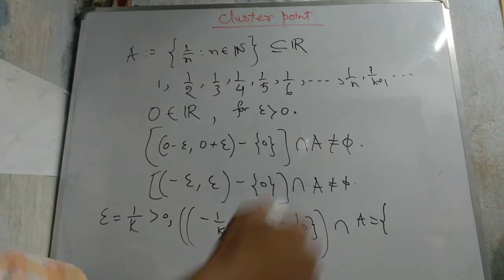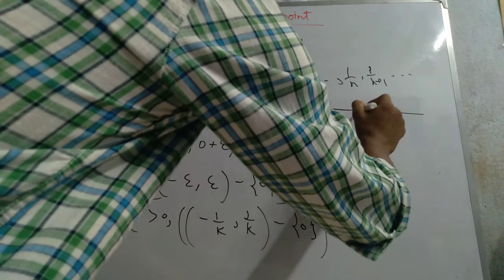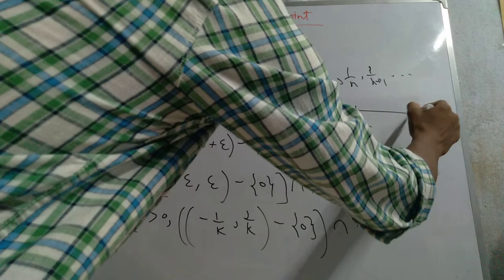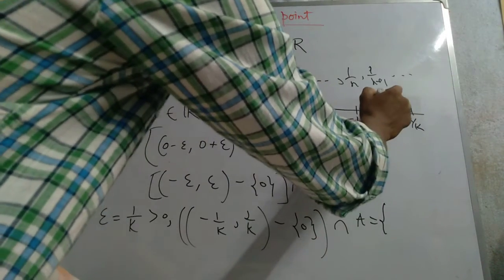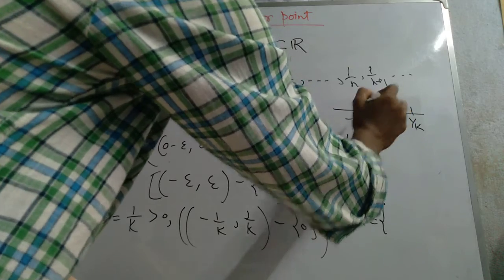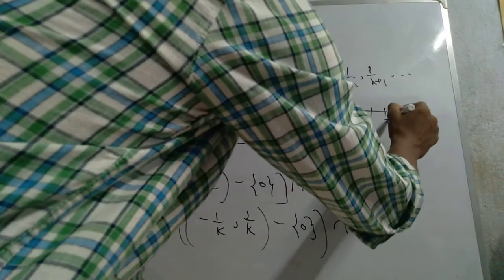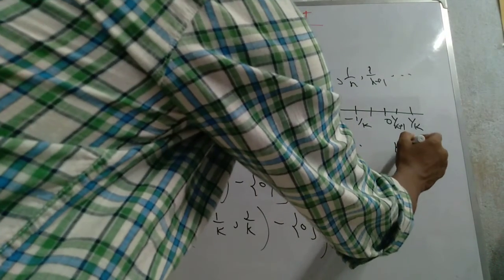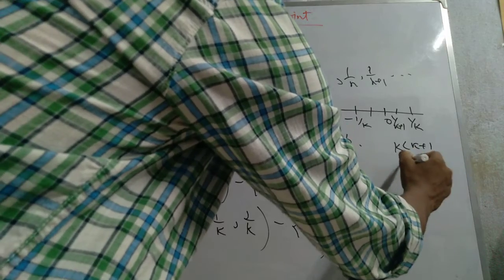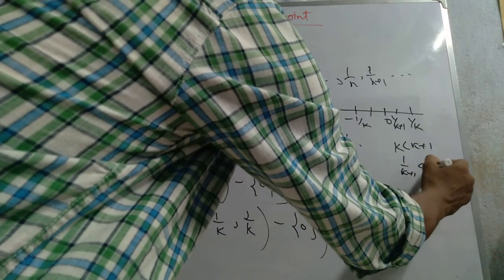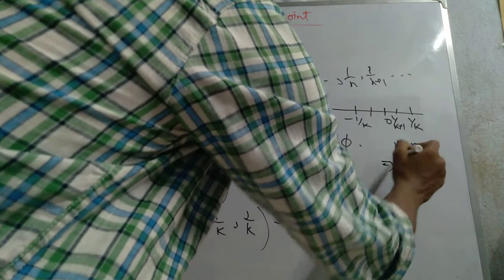Between -1/k and 1/k, with 0 in between, which points belong? Here obviously 1/(k+1), because we know that k is less than k+1, that means 1/(k+1) is less than 1/k, so this one belongs.